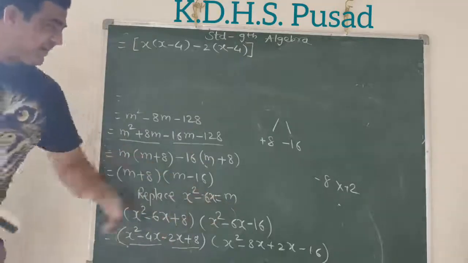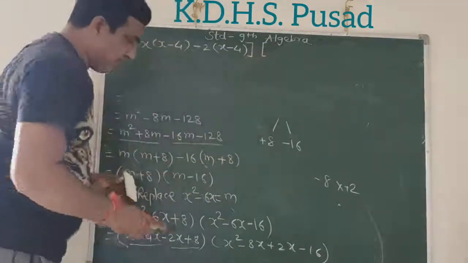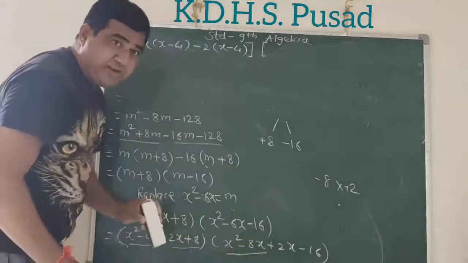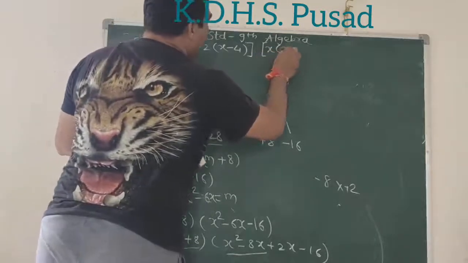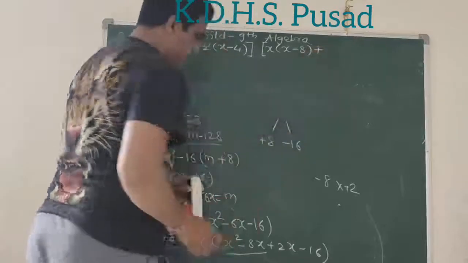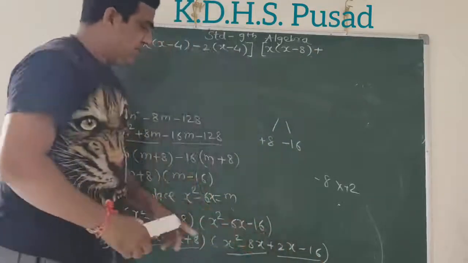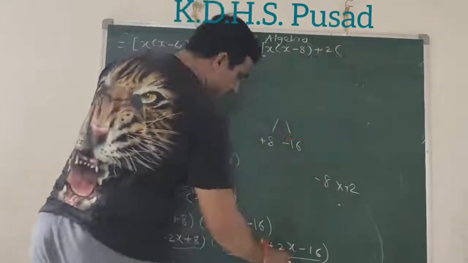Now second bracket. Again I am using square bracket for the second portion. For the first two, what can you take common? Only x. So x common, there remains x minus 8. Now plus sign. Then from these two, you can take 2 common, yes. So plus 2 common. So divide this by plus 2.